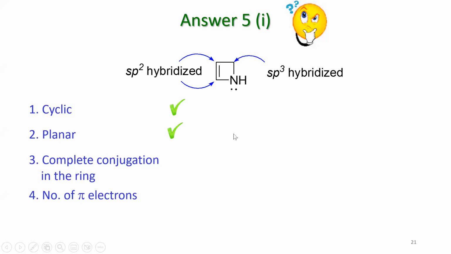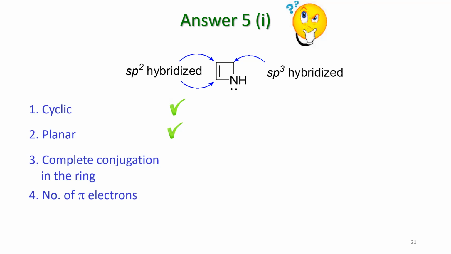Is complete conjugation there in the ring? Can somebody tell me whether the complete conjugation is there? You know what complete conjugation is? The pi electron system should be continuous. Why?